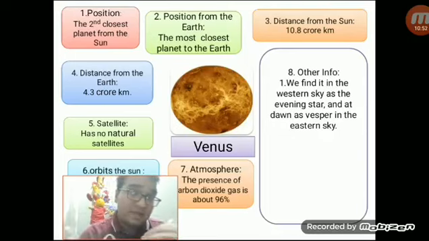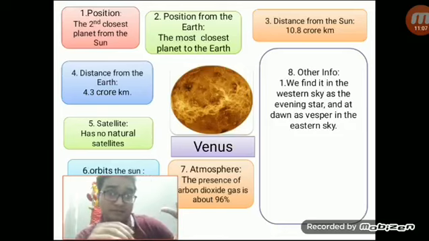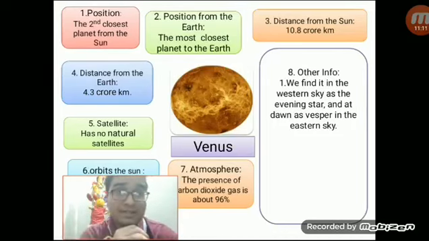When we see the planet Venus on the western side of the earth, we call it the evening star, and when we see the planet Venus in the eastern part from the earth, we call it Vesper.